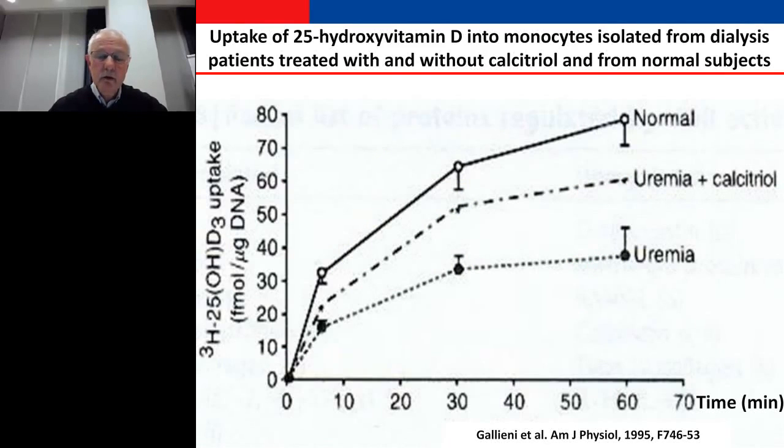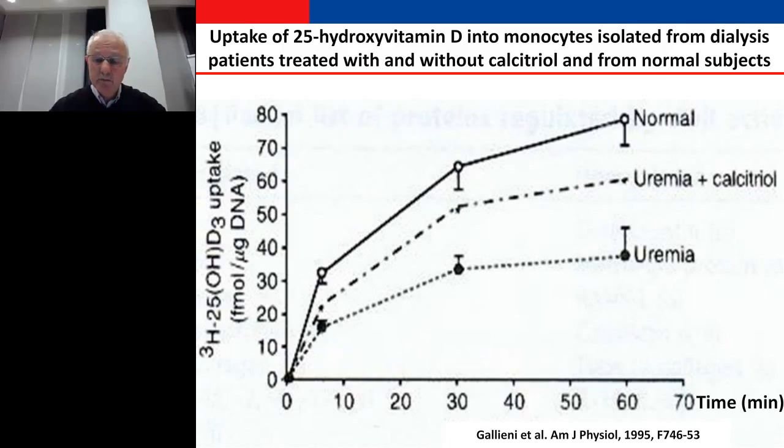And it's important to know that the uptake of 25-hydroxyvitamin D into the target cells, where the 1,25-dihydroxyvitamin D can be made by these cells themselves, depends on the concentration of 1,25-dihydroxyvitamin D in the circulation.